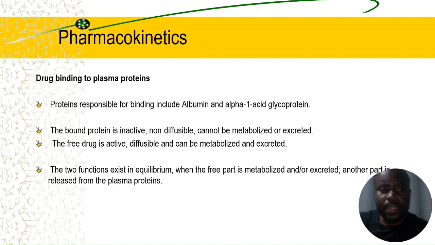So a drug that is bound to plasma proteins will be inactive, cannot produce pharmacological effect, and also cannot diffuse and cross biological membranes because it becomes a larger molecule, and also cannot be metabolized or excreted.